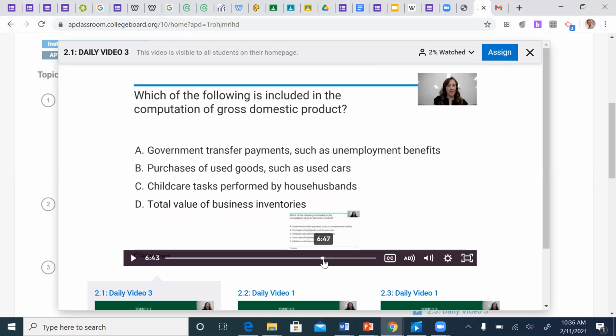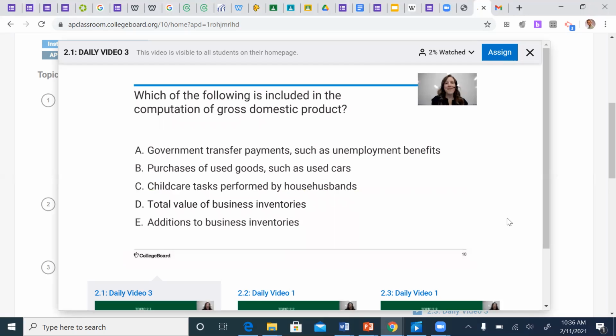Okay. Now we have, which of the following is included in the computation of gross domestic product?